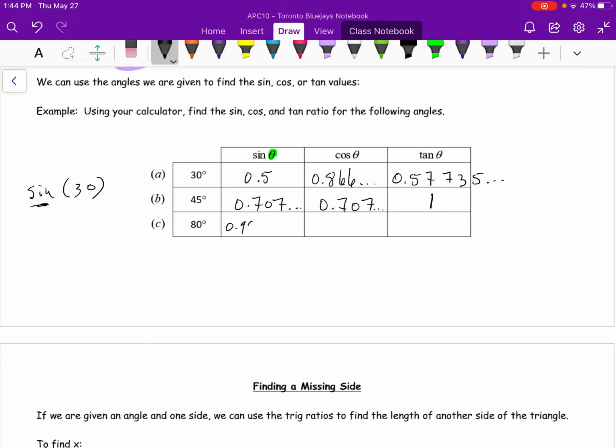The tangent of 80 degrees looks something like this. Cosine and the tangent.